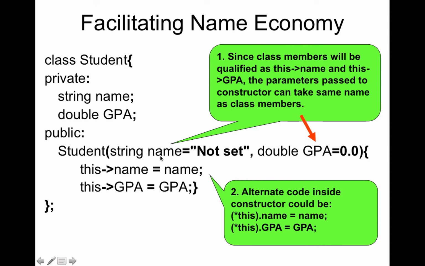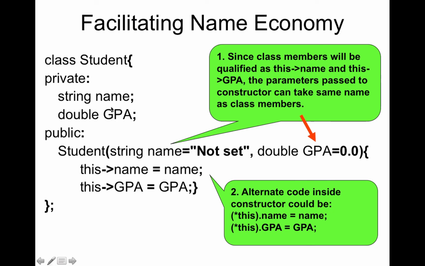So here, see, this name has the same spelling as this one, and GP has the same spelling as this one. But then in order to set class member name equal to this, we're going to have to use the fully qualified name. So this arrow name equal to name, now that differentiates between the two.